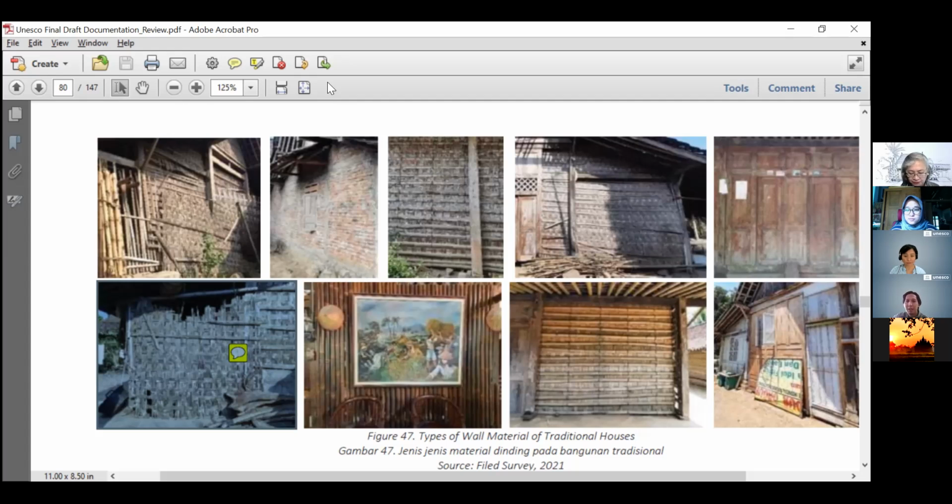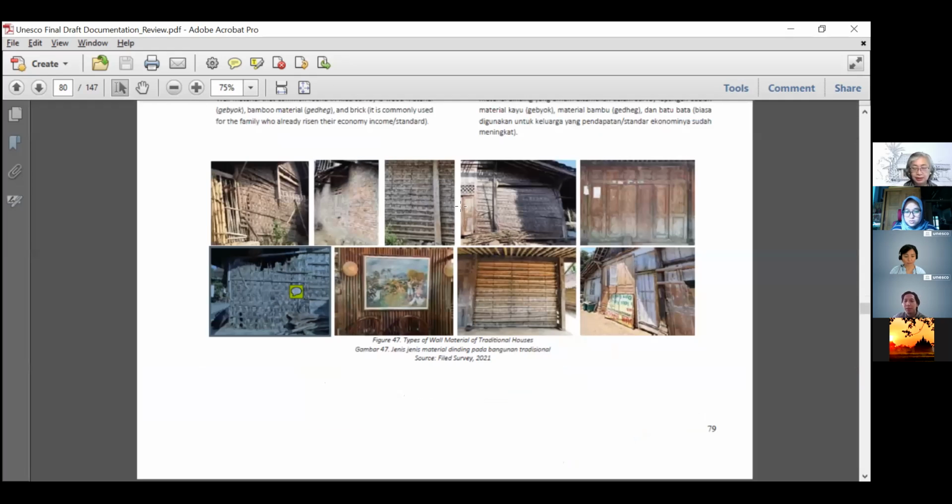I think yes, we will go for taking the pictures again, and we will also give our results that maybe we are missing here, the understanding of the local people about traditional houses.